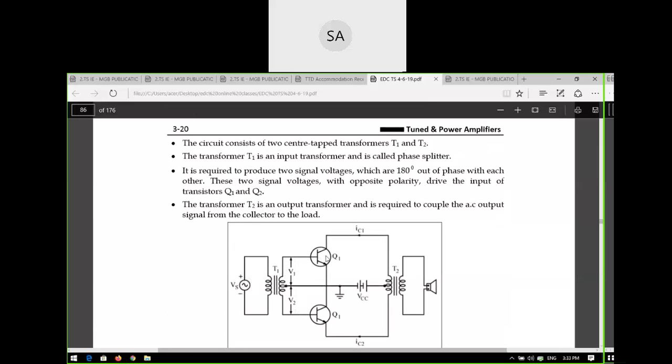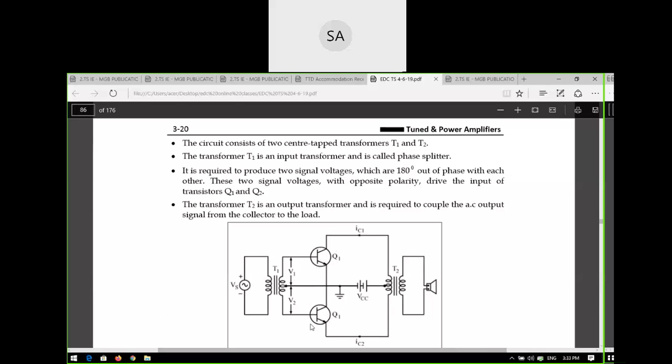V1 is given to Q1 and V2 is given to Q2. When V1 is in its positive half cycle, Q1 is turned on, and V2 is opposite to V1, so in its negative half cycle Q2 is off. Whenever it is the negative half cycle, Q1 is off and Q2 is on.